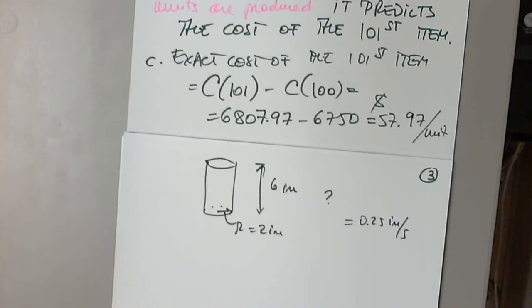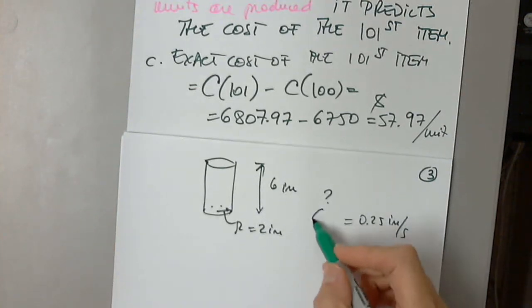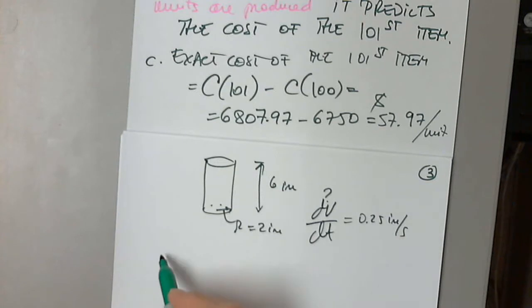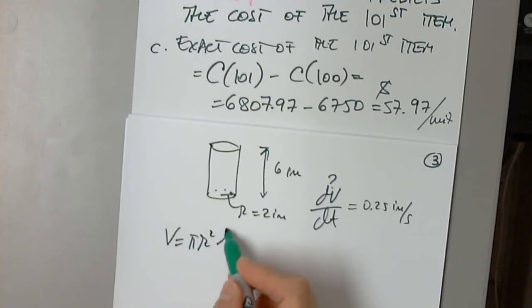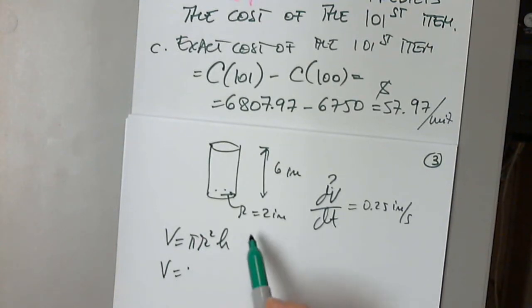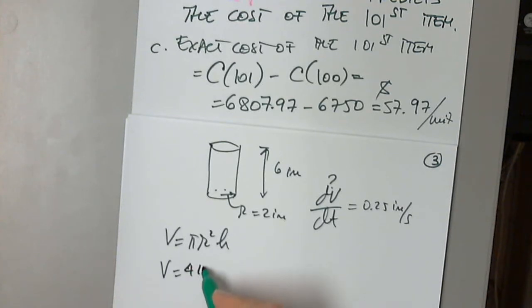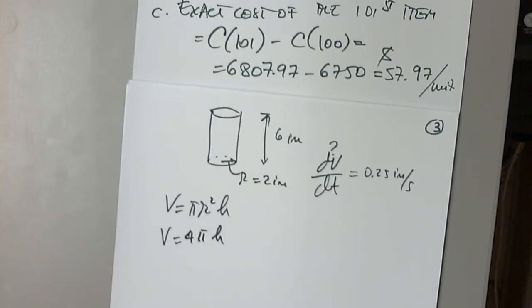The rate at which the volume is decreasing. Of course. So the question is dV over dt. Can anyone give us the volume of a cylinder? Pi r squared h. The radius doesn't change, so this is 4 pi times h.